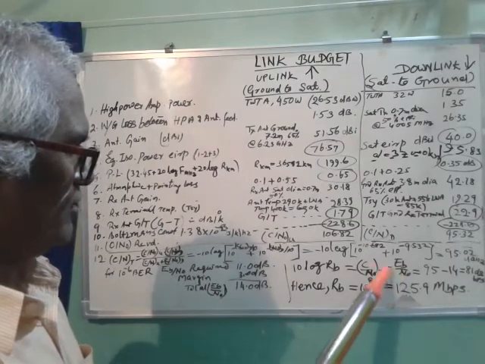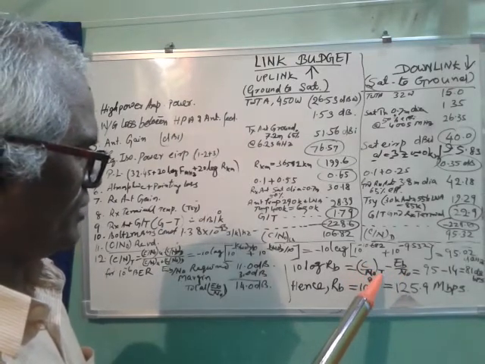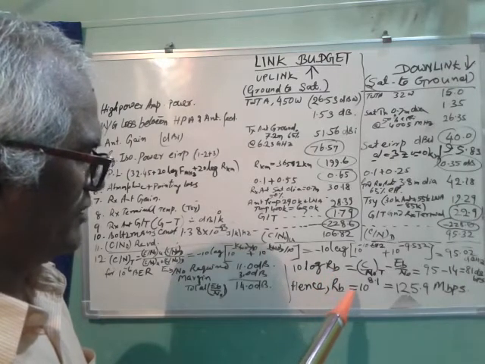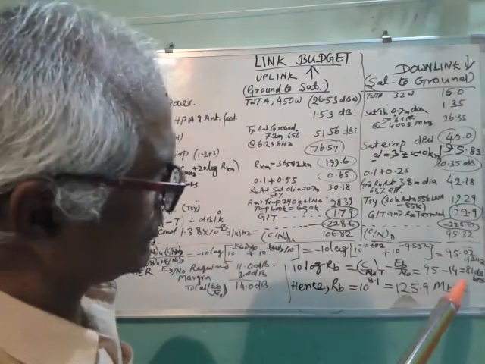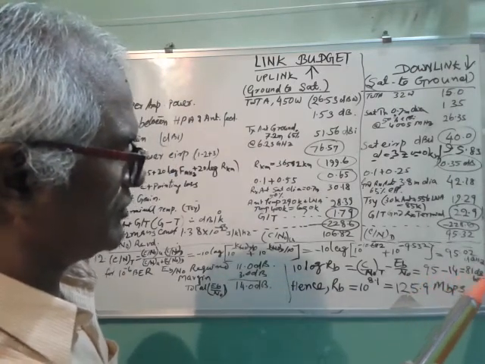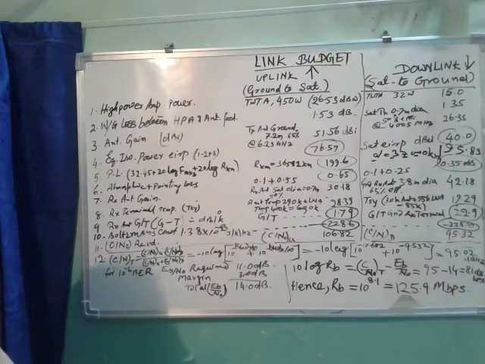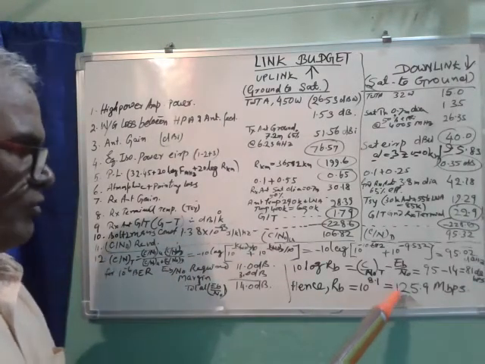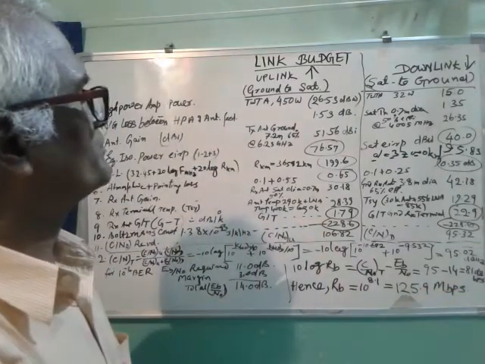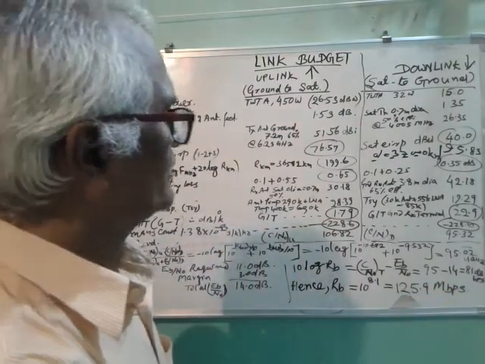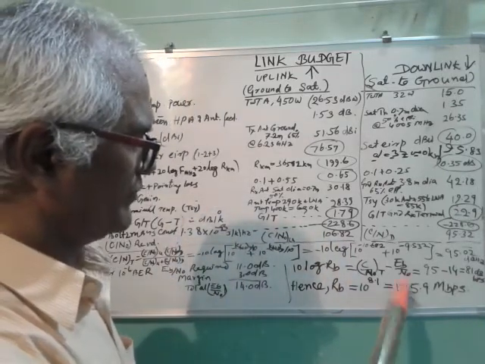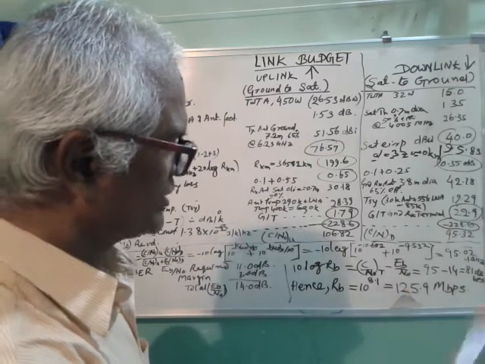Required Eb by N naught this much, achieved C by N naught total this much, and then we find out the information rate will be say 81 dB bits per second. 95 minus 14 is equal to 81 dB bits per second, which in anti-log Rb will be 125.9 megabits per second. This much we can transmit.